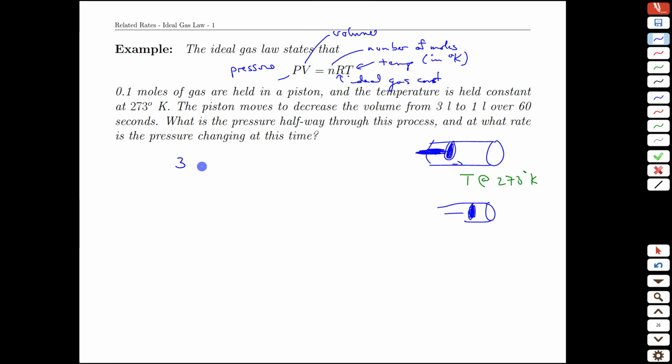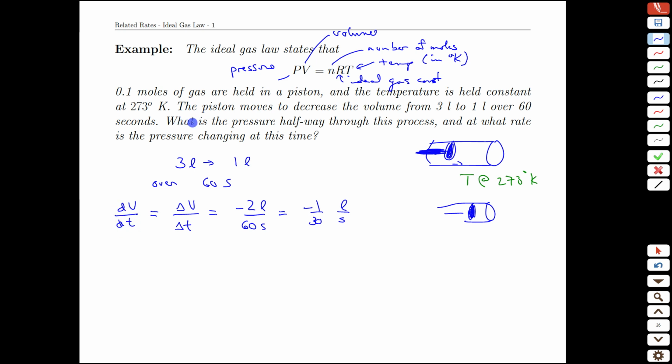So if we go from 3 liters down to 1 liter over 60 seconds, that would give us a change in volume over a change in time of minus 2 liters every 60 seconds, or minus 1/30 liters per second. But because this rate is constant, we would actually be able to state this as a derivative. So we know how quickly the volume is changing.